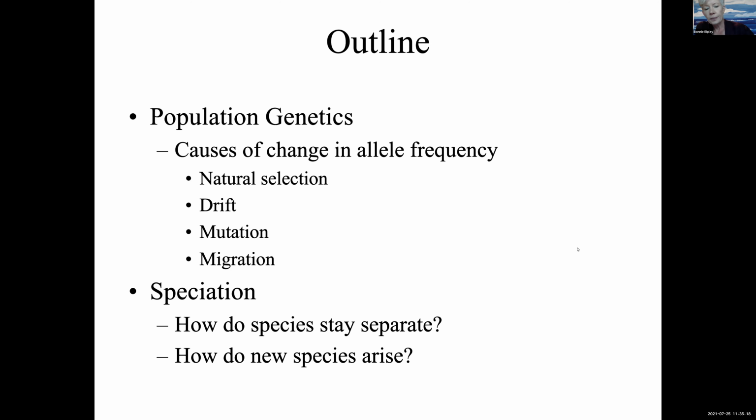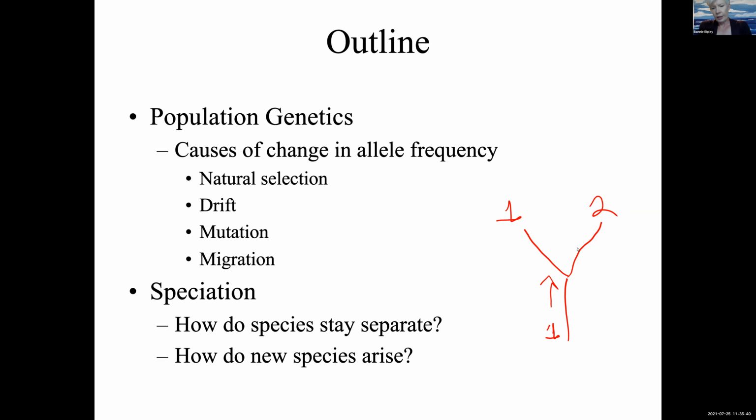If we were drawing a cladogram, then we would show that node, right? So we had one species down here, and then some time passes, and now we have two species, species 1 and species 2.